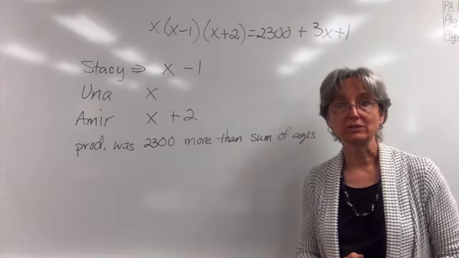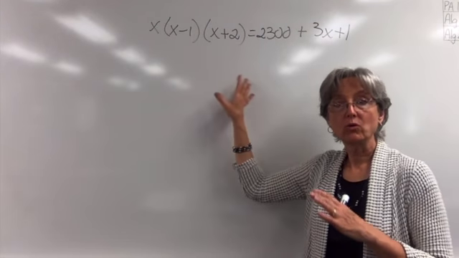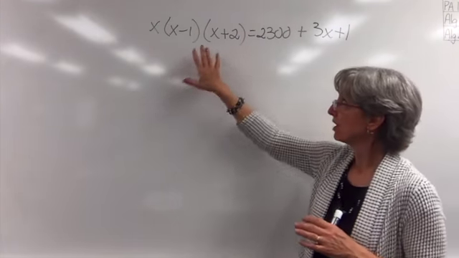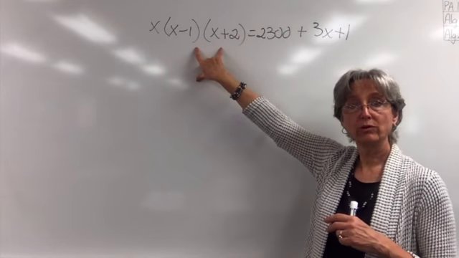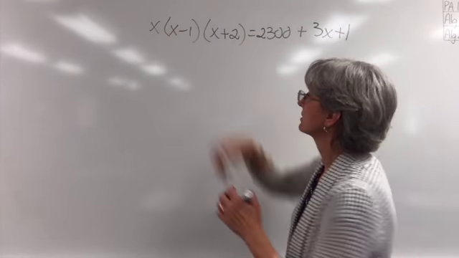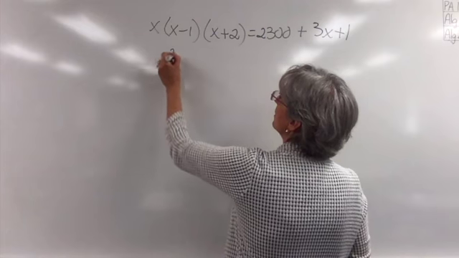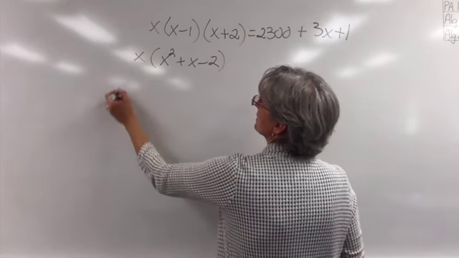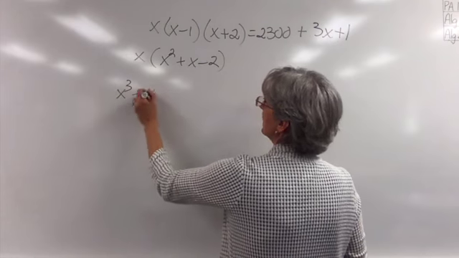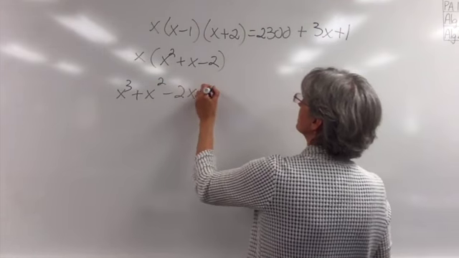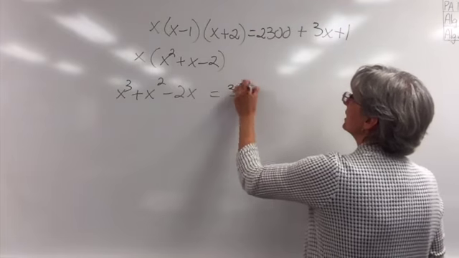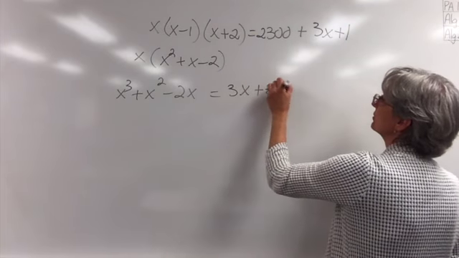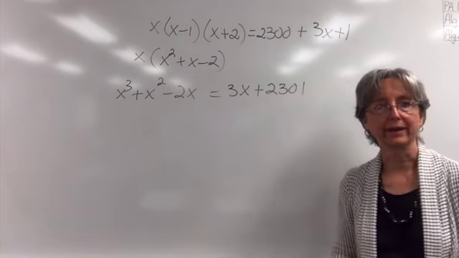There's our equation. Now we are going to simplify both sides. I'm going to FOIL this and then multiply by X. So this is X squared plus X minus 2, times X is X cubed plus X squared minus 2X equals 3X plus 2301.